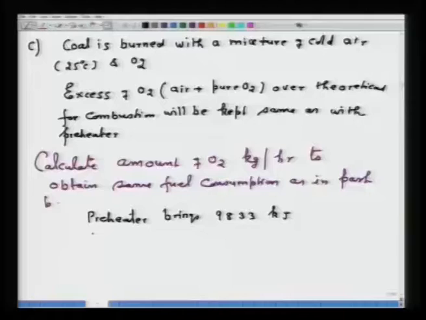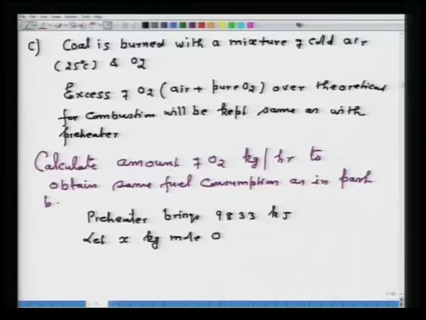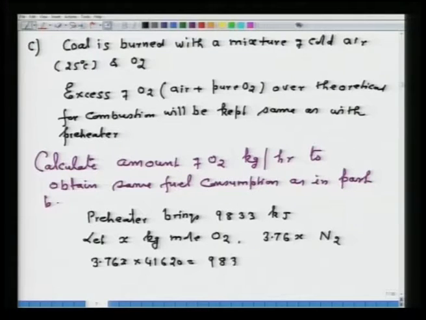So, let us consider x kg mole O2 is now required, then 3.76 x will be the moles of N2. So, that means 3.76 x into 41620, that will be equal to 9833.